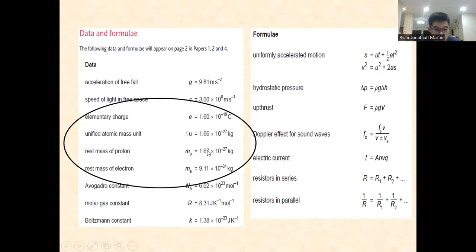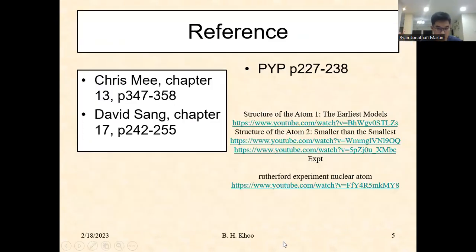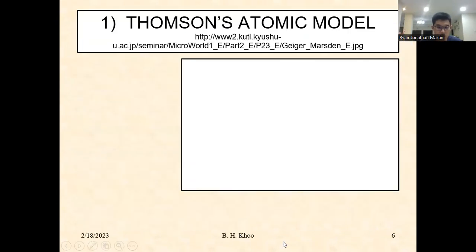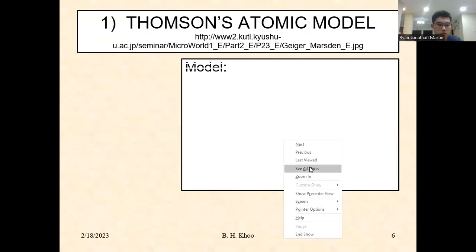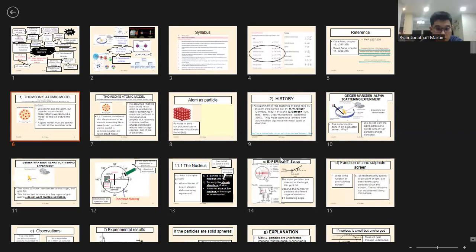Proton, yes. And then the rest mass of the electron. Other than that, no formula is given. So it is important to know what is given and what is not given. And then this value, you can think of it as 1 joule equals 1 electron volt. This one, they give you in electron volts.